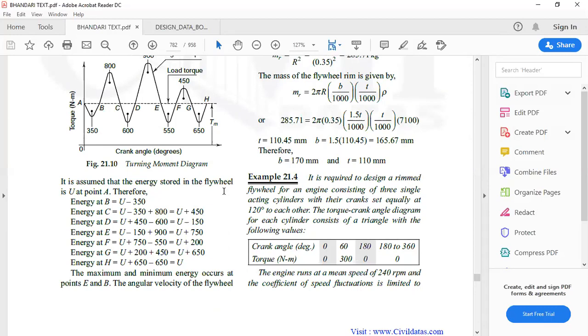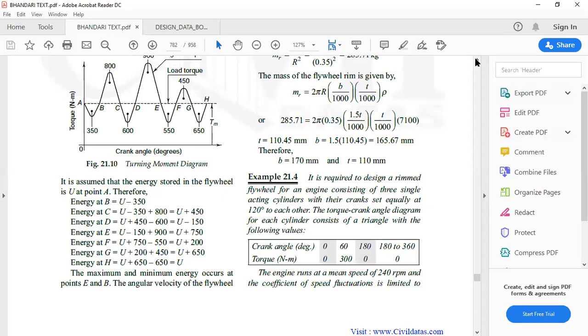You can add this. From B it is added by 800 to C. From C it is reduced by 600 to D. So similarly you find out and finally identify the minimum and maximum of these. So if you see these values, the maximum is U plus 750 and the minimum is U minus 350. So the difference between these two is the energy fluctuation.